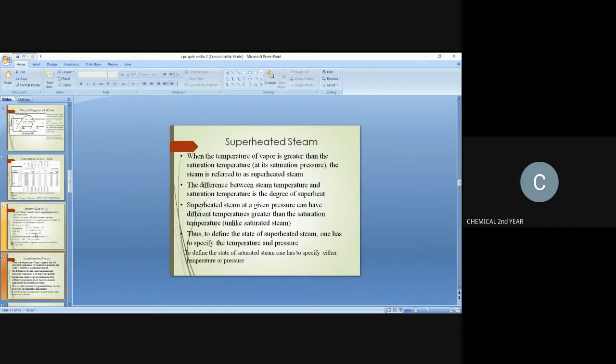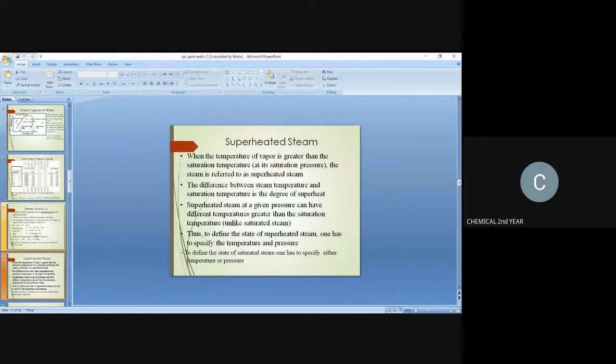Next, superheated steam. When the temperature of vapor is greater than the saturation temperature at its saturation pressure, the steam is referred to as superheated steam. The difference between the steam temperature and the saturation temperature is the degree of superheat.